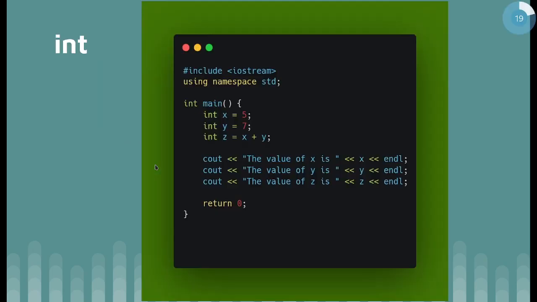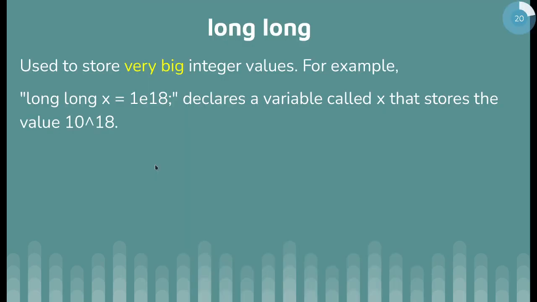And for bigger numbers, there's an example here: something usual, getting two numbers, adding them and saving the result into z. And that's it. We also have long, which is long int, for bigger numbers.